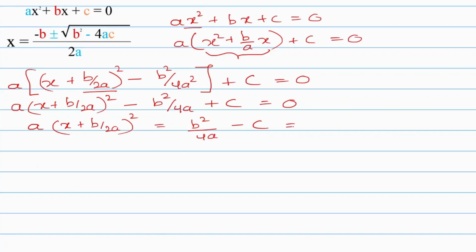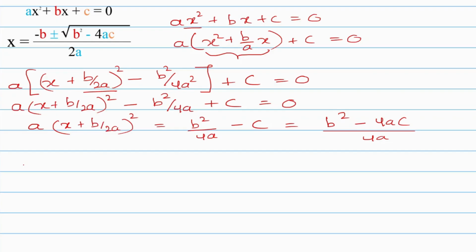and that can be written as b squared minus 4ac over 4a. And then it's a matter of dividing both sides by a. That gives us x plus b over 2a whole thing squared equals b squared minus 4ac over 4a squared.